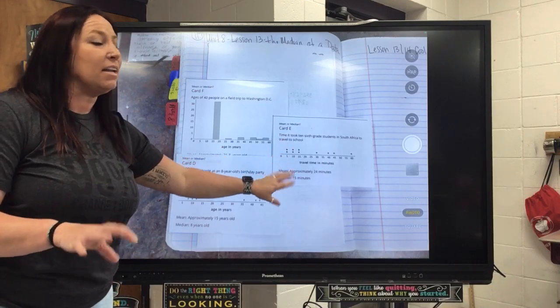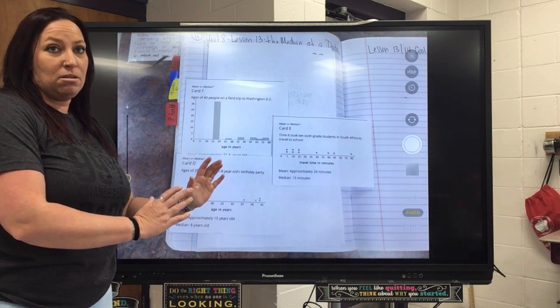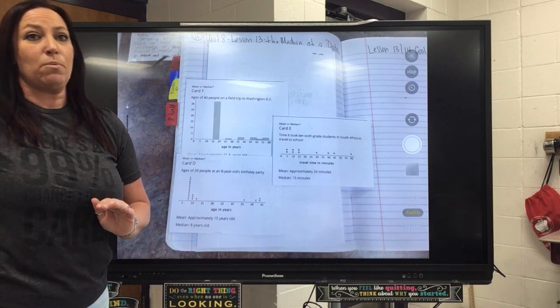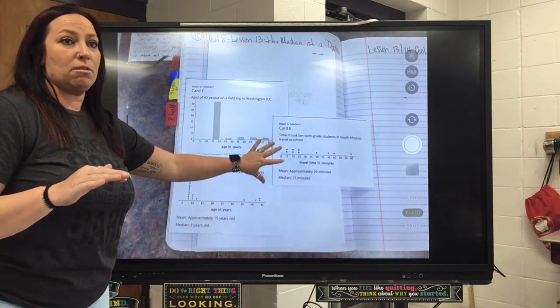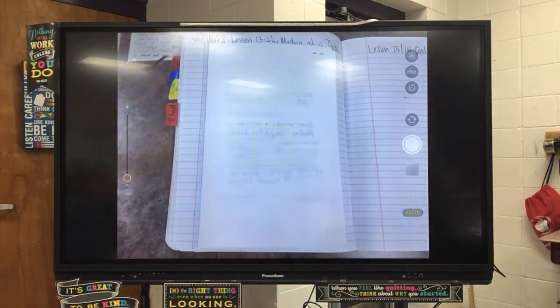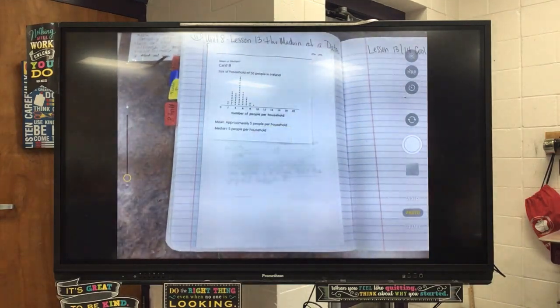Not a ton with this one, but the majority of it is over there. Strictly looking at data points and bar graphs. That's it. We're not looking for anything else right now. So these three go together. Now, I'm going to pull card B back up here. Which one looks similar to B? Callie, looking at B, which other card looks similar to B?